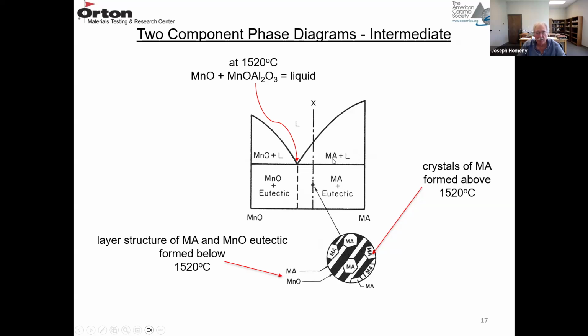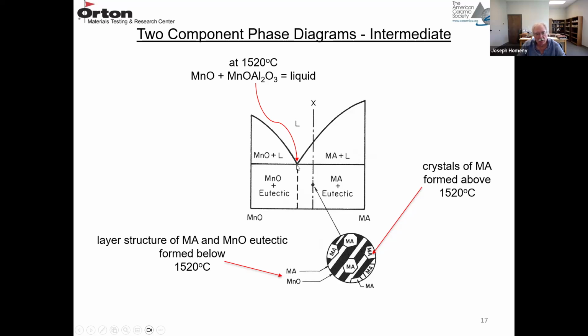So we're generating Ma crystals. So the microstructure looks something like this. We have these crystals of Ma that are forming in a liquid matrix. So crystals of Ma form above this solidus curve, 1520 degrees C.